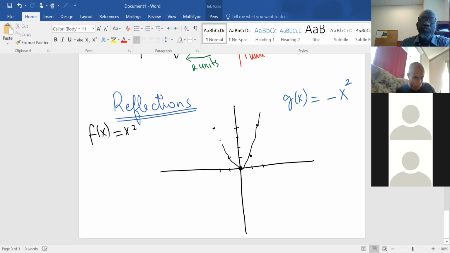That is my f. Now let's do g. You have 0, 1, 2, -1, -2. How much is g of 0? g of 0 is 0, right?